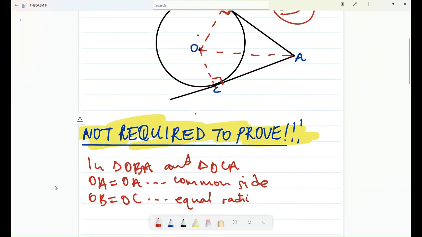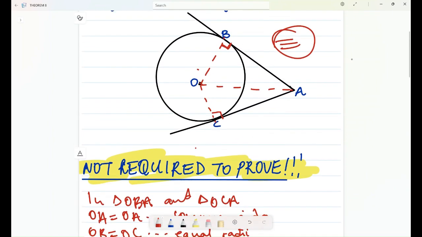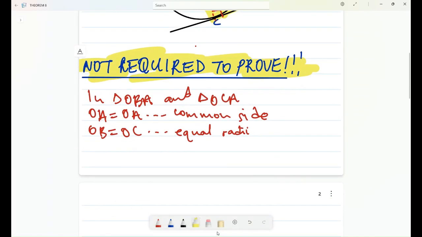Then this angle here, angle OBA, is 90 degrees, as well as angle OCA, this angle here, is 90 degrees. Why? Because a tangent is perpendicular to a radius.